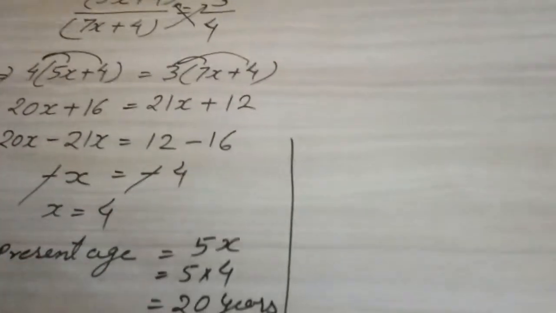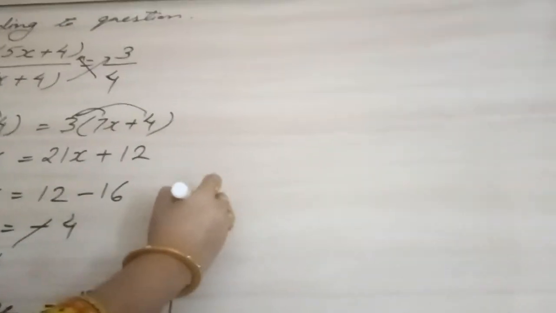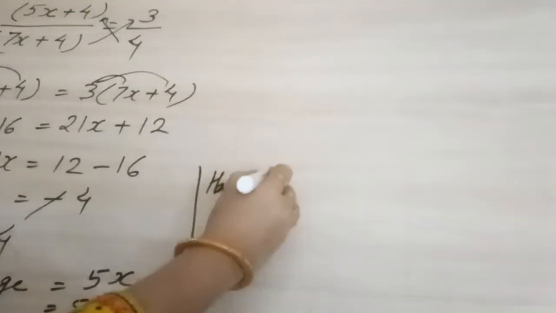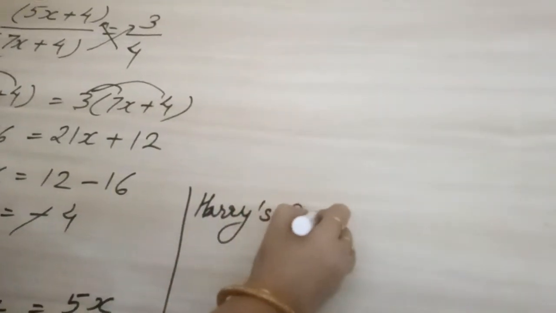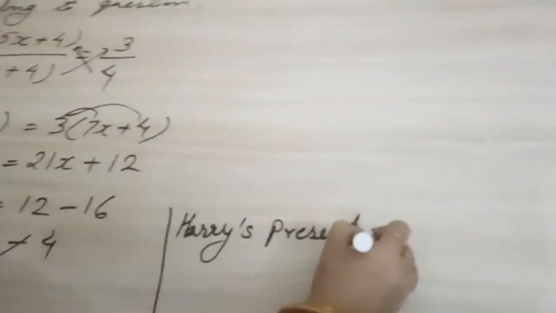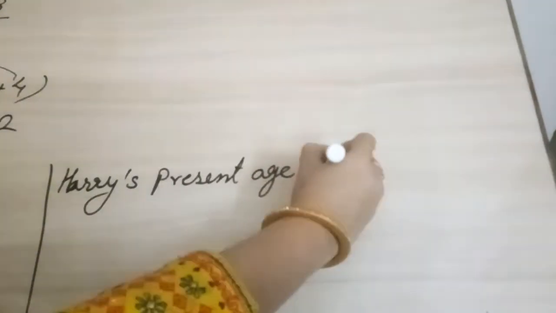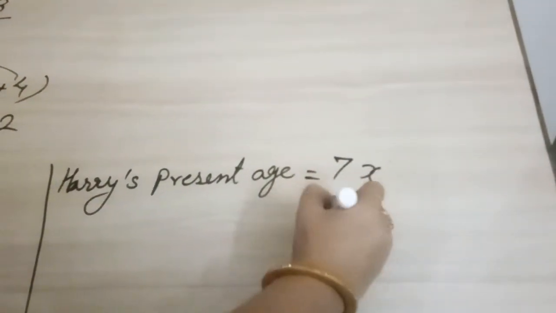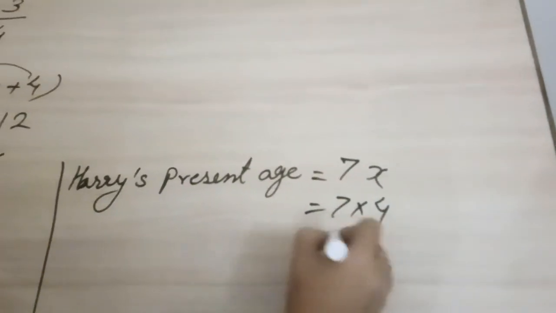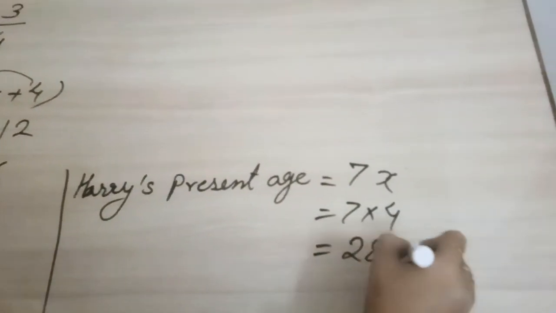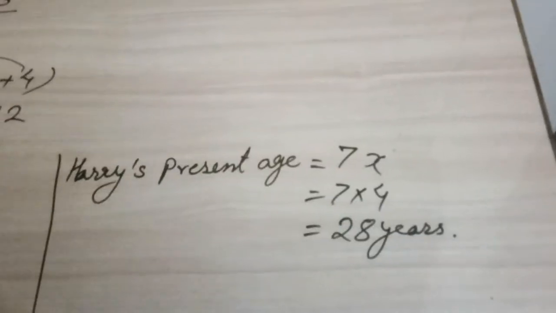And similarly, Harry's present age is equal to 7x, which is 7 into 4, equals 28 years. Clear?